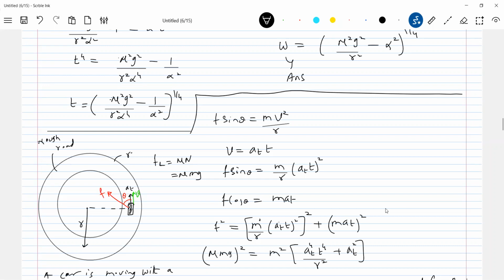Almost the same method as what we did earlier. So mu square g square equals a to the power of 4 t to the power of 4 by r square plus a square. Solve for t.